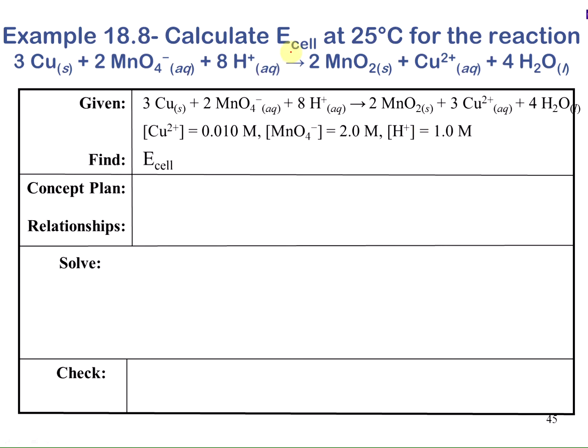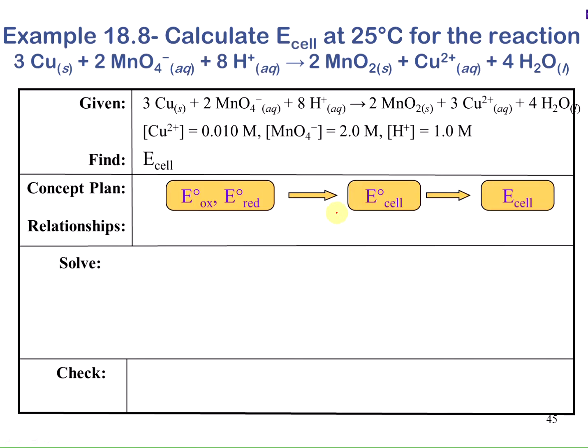So they want us to calculate the E cell for that reaction under those conditions. So we first have to find the cell values under standard conditions using the oxidation half reaction and the reduction half reaction values. And then we use the Nernst equation to relate that to the E cell at the non-standard conditions.